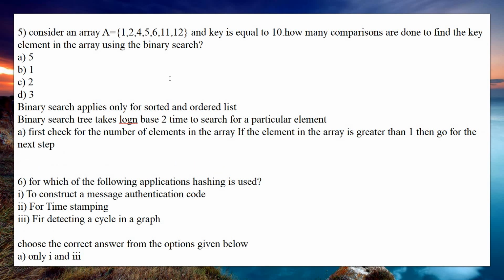Binary search applies only to a sorted and ordered list, and it takes log n base 2 time to search for a particular element. The steps to find the comparison are: first check the number of elements present in the array, and if it is greater than 1, go for the next step.